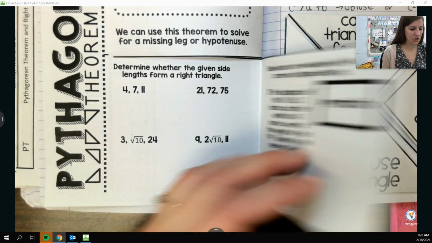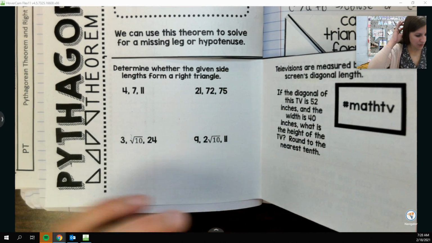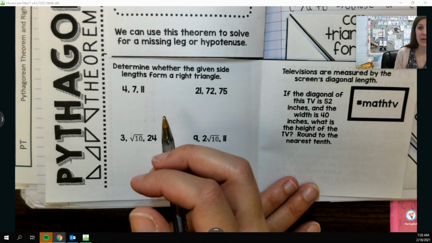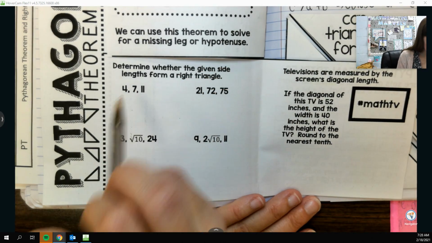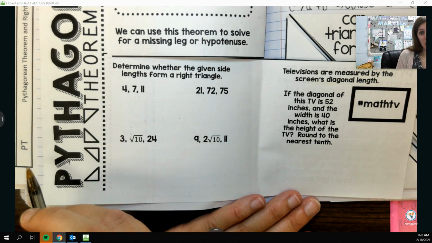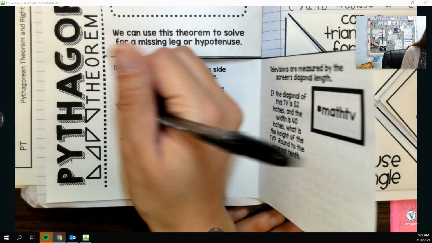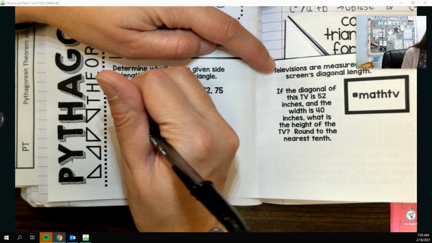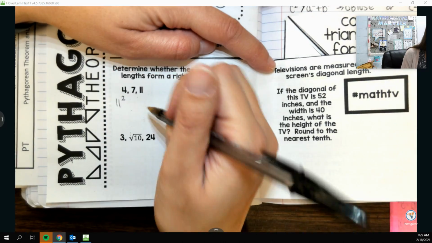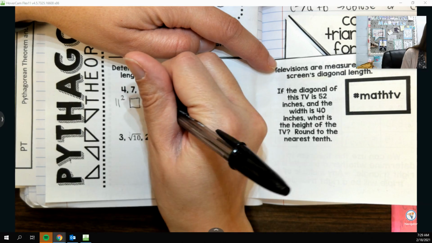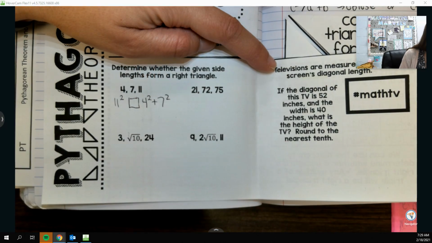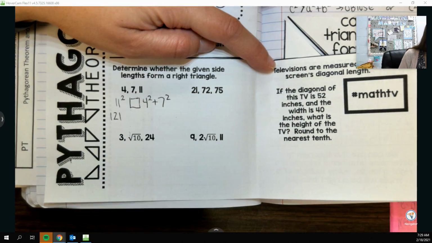So if we jump back here and try this, determine whether the given side lengths will form a right triangle. So my potential hypotenuse here is the 11, because it is the longest. So now it's more like a question. Is 11 squared equal to 4 squared plus 7 squared? Well, that's 121.